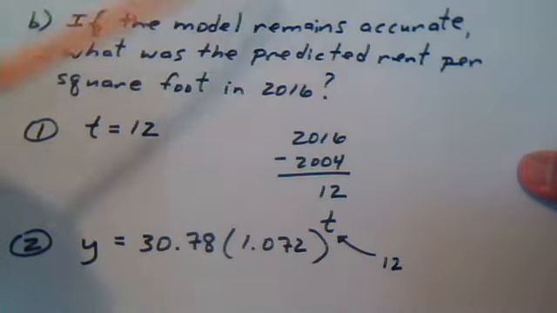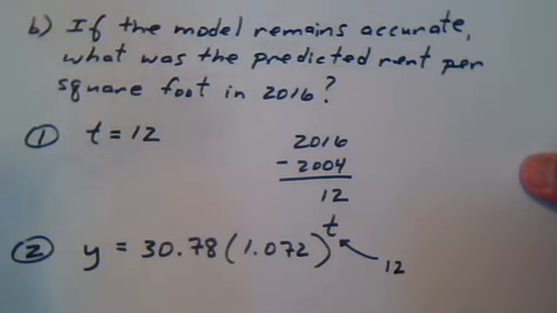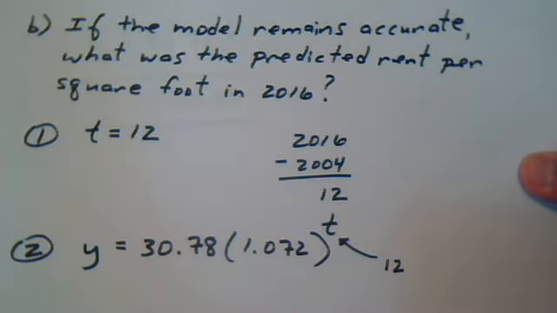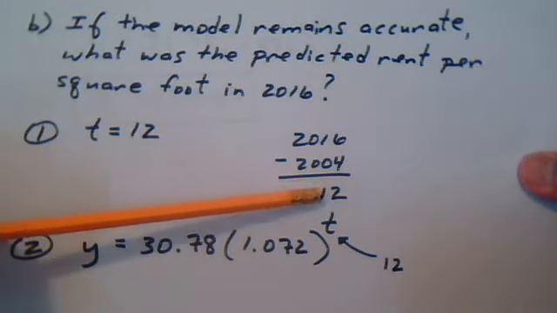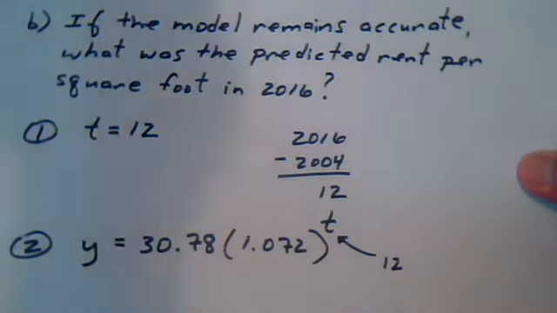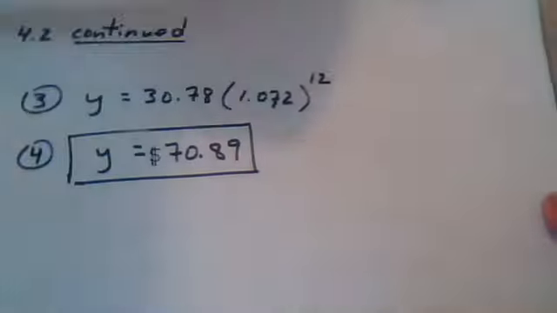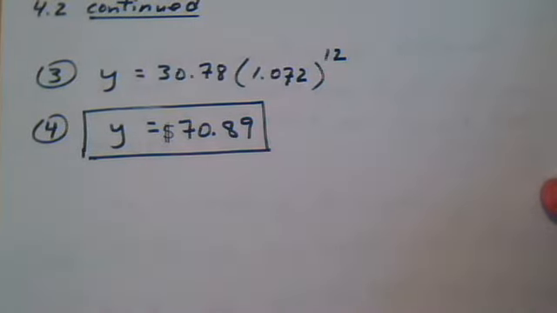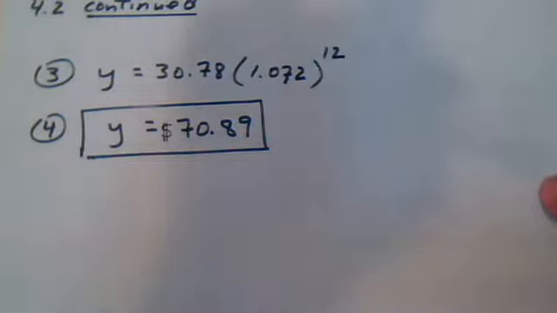So 2016, remember this study began in 2004. So how many years have gone by from 2004 to 2016? You do this subtraction, 12 years have gone by. So now this 12 replaces that T. Key it into your calculator, and you get $70.89.